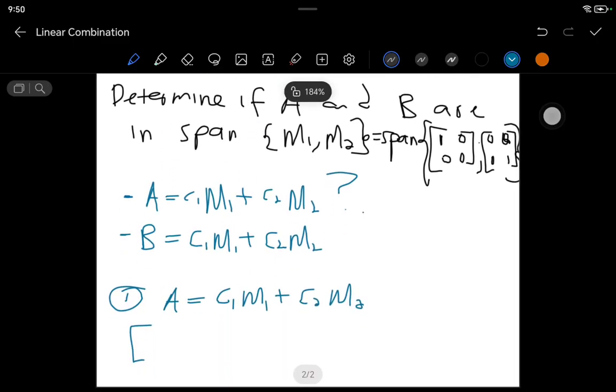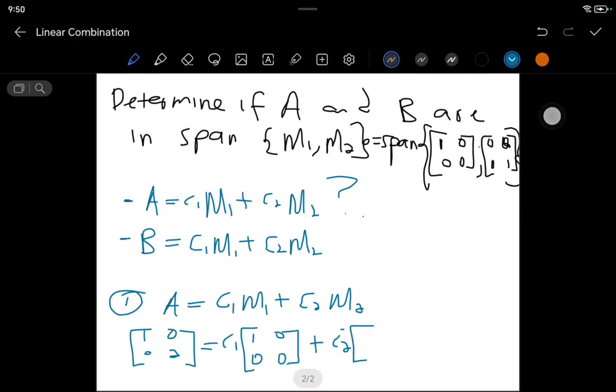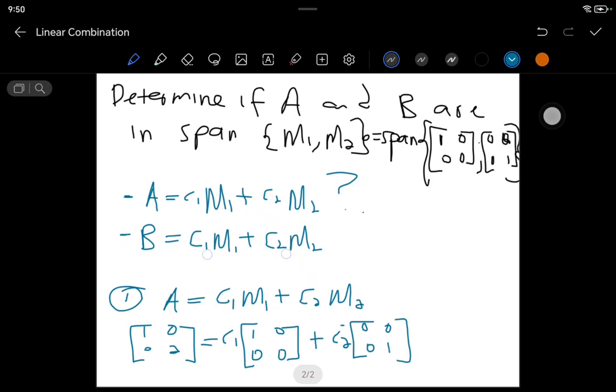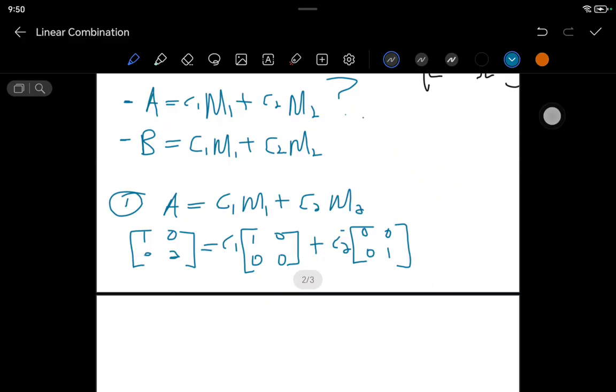A is 1, 0, 0, 2. This is equal to C1 times 1, 0, 0, 0 plus C2 times 0, 0, 0, 1. So we should be able to put this in a linear combination form.